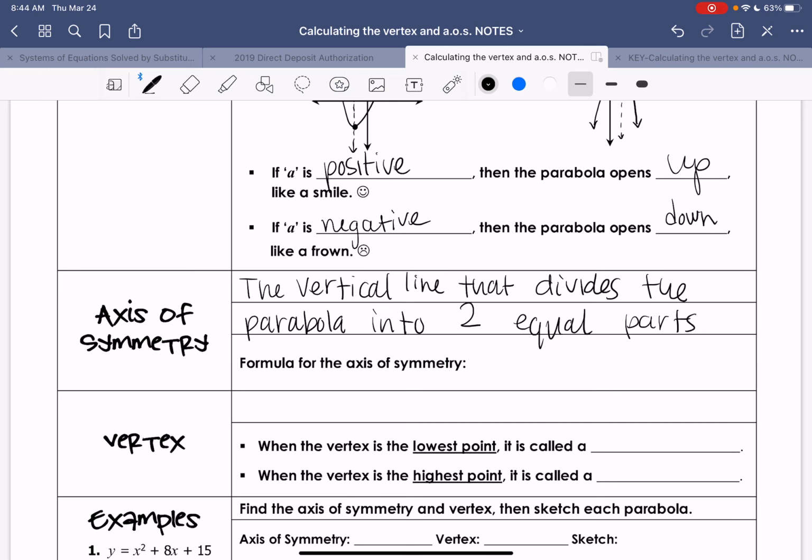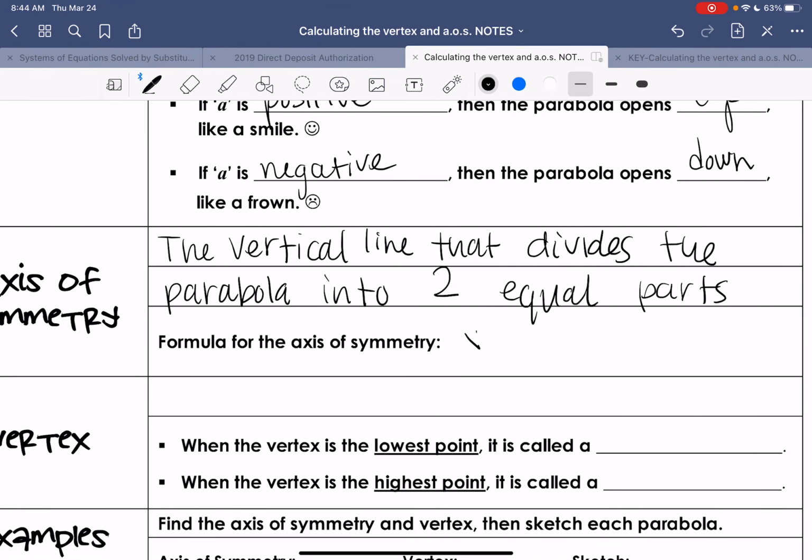So there's actually a formula, and unfortunately this one is not on your formula chart, so you're going to have to memorize it. And it is x is equal to negative b over 2a.